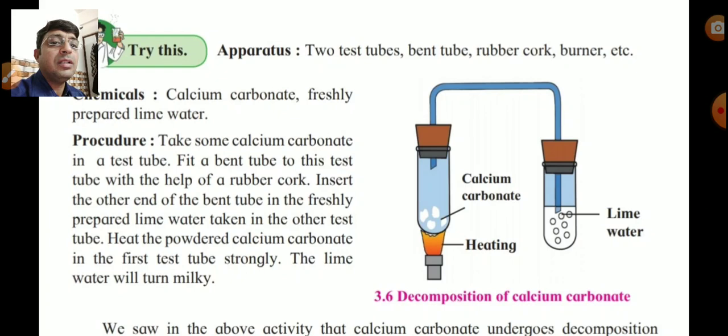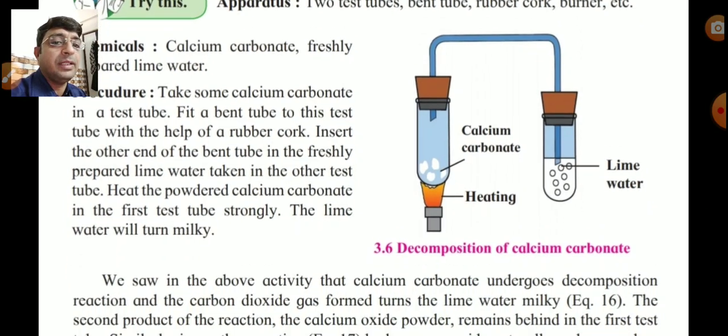Insert the other end of the bent tube in freshly prepared lime water taken in another test tube. Heat the powdered calcium carbonate in the first test tube strongly. The lime water will turn milky.